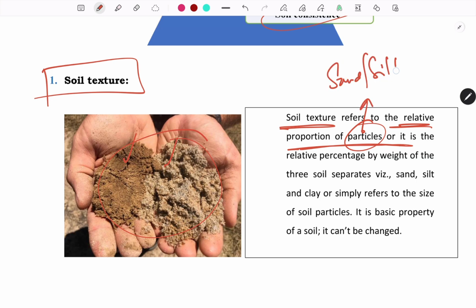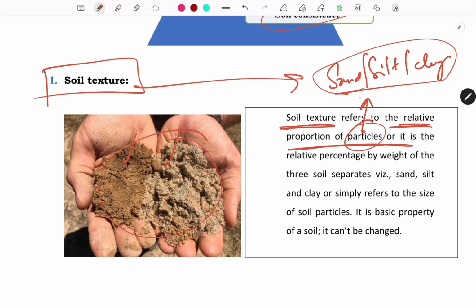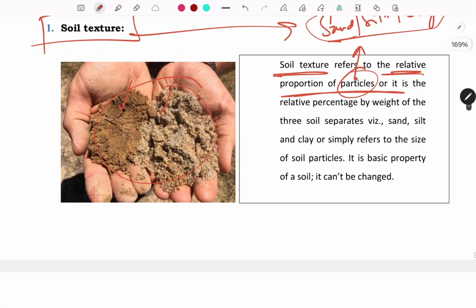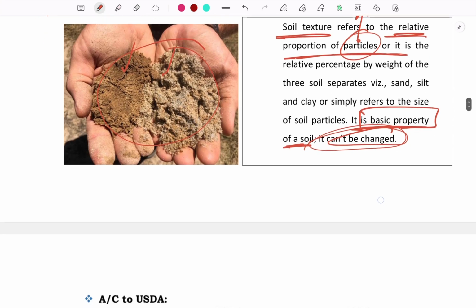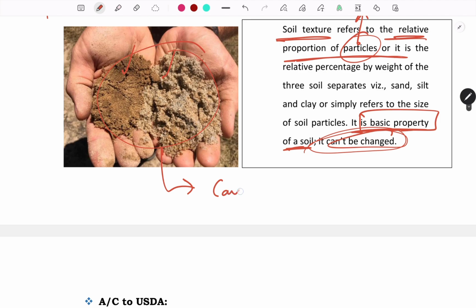Sand, silt, and clay. It is a basic property of soil, and it cannot be changed by tillage operations or drainage. Soil texture cannot be changed.